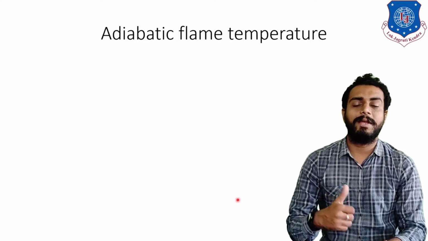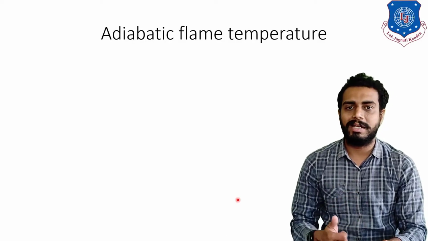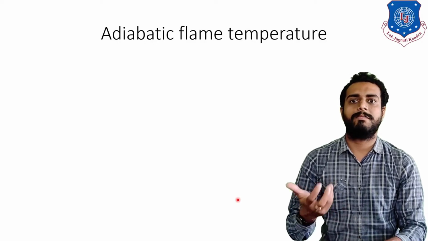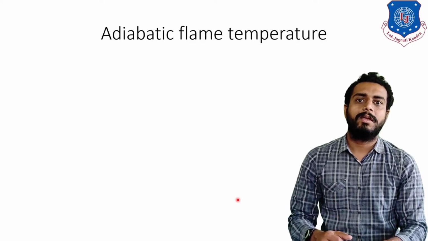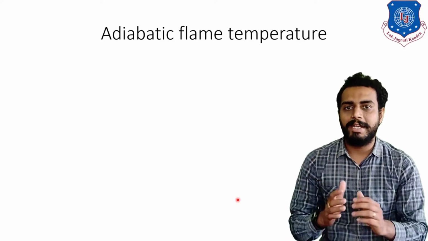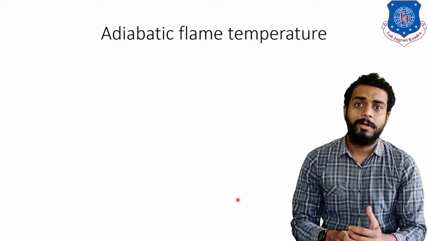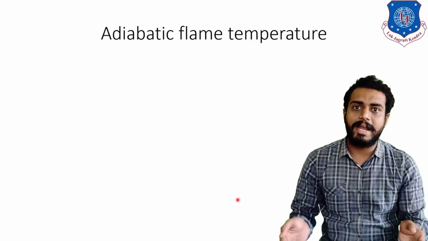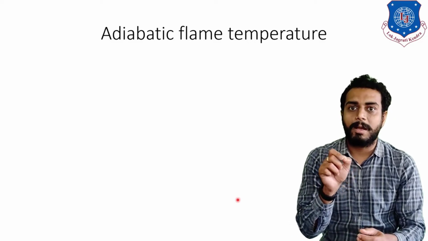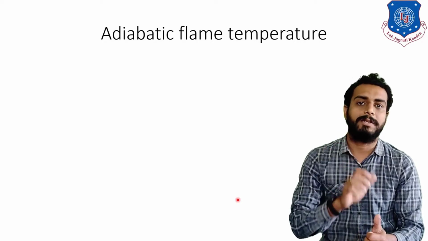Now adiabatic flame temperature. Very simple, students: if you do combustion in an open environment, you cannot achieve the maximum flame temperature. But if you do the combustion in a closed, well maintained adiabatic environment, you can achieve the maximum temperature. In a completely adiabatic environment, the temperature the flame achieves is known as the adiabatic flame temperature.